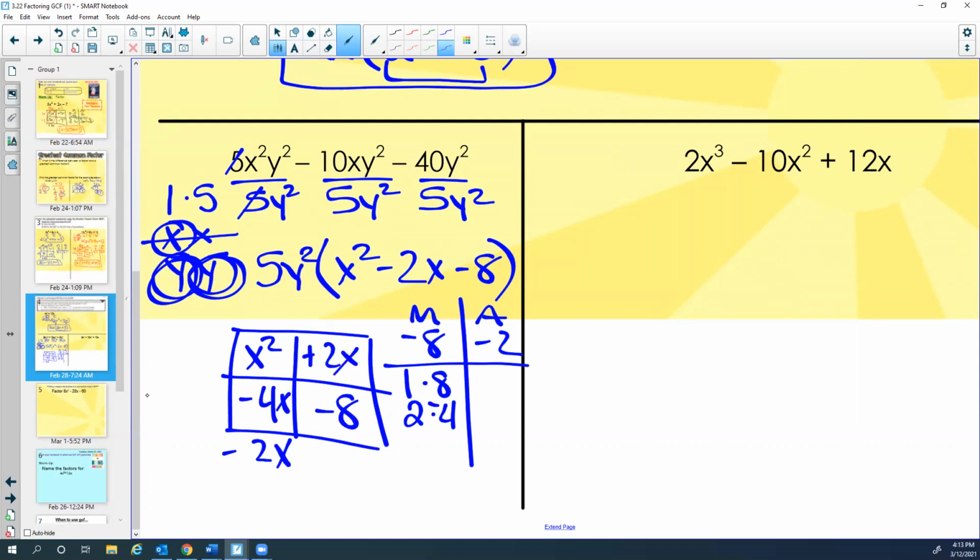And there we go, there's our insides. And then I get an x, I get an x here, I get a plus 2 here and a minus 4 there. So final answer is 5y squared (x minus 4)(x plus 2).